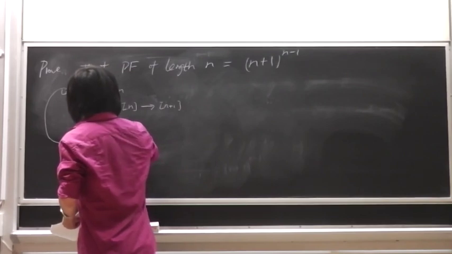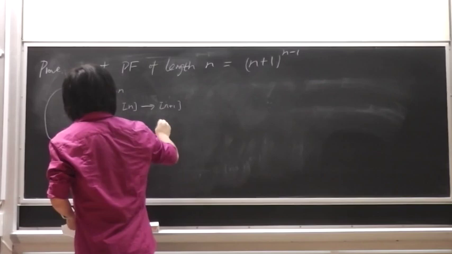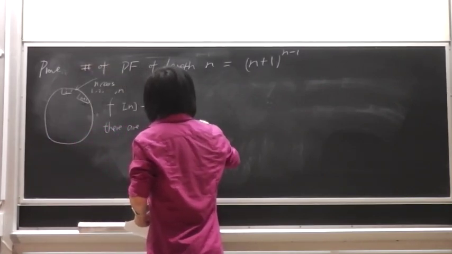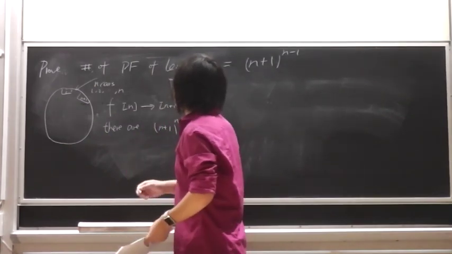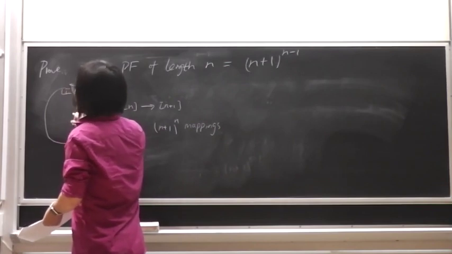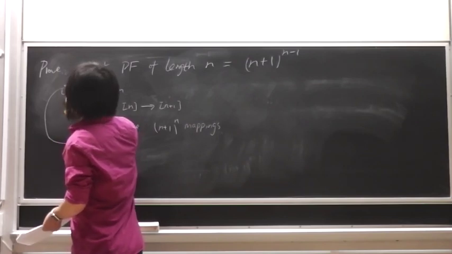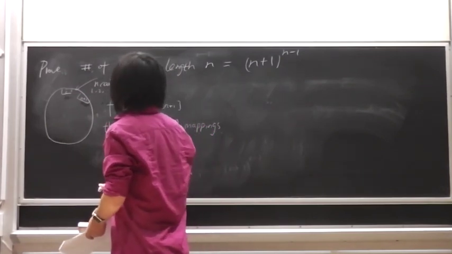There are (n plus 1) to the n mappings. Because there are n plus 1 spaces, every car can park, of course, because when a car reaches n plus 1 and it's occupied, it can move forward and park at 1 if it's empty. So all cars can park, and there must be one empty parking space.